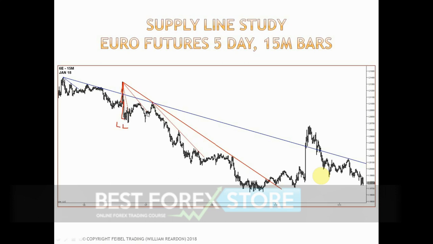So although it's been violated, price is contained. And the idea of a supply line is for supply to emerge, and it did in a very big way. So therefore, this level has to be kept, not only for the touches, because this validates the level. I hope that makes sense.